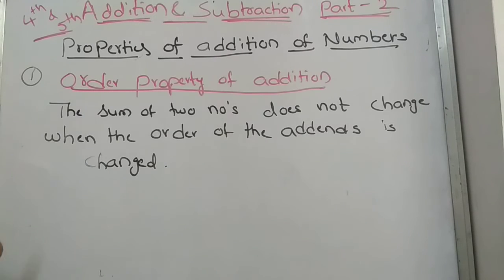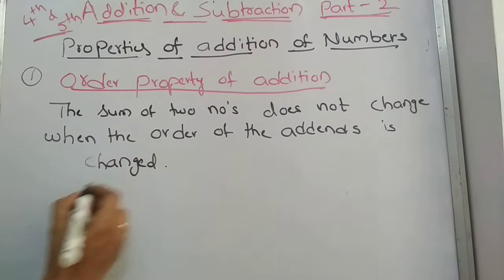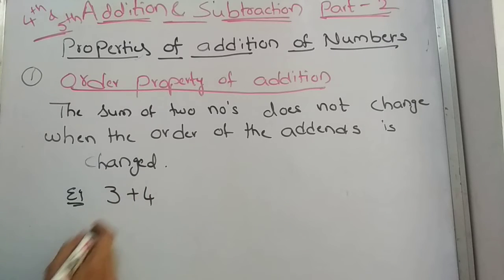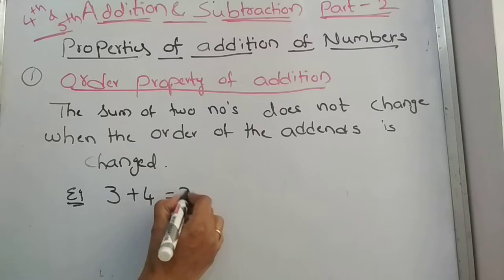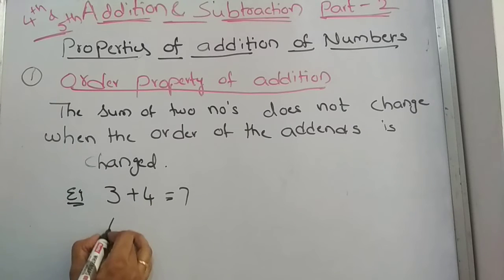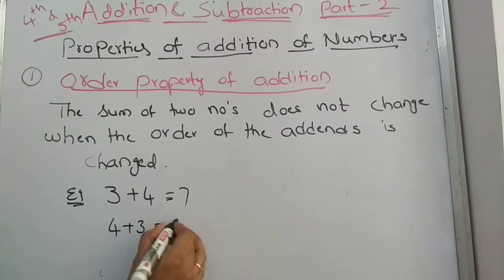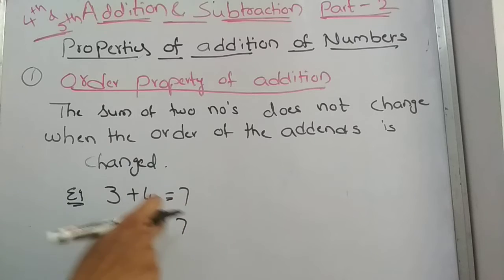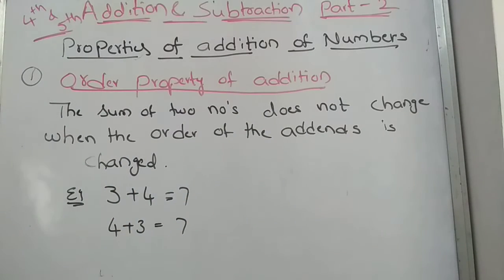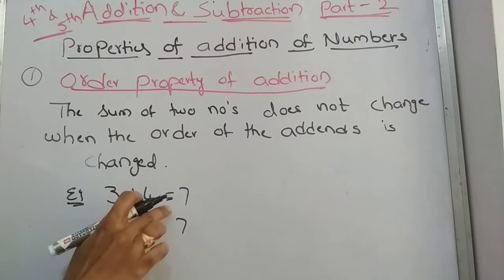Suppose I am taking, for example, 3 plus 4. What will we get as the sum? 7. Again I am taking 4 plus 3. What is the sum? Here also 7. The sum of two numbers does not change when the order of addends is changed. Addends means 3 and 4 here.